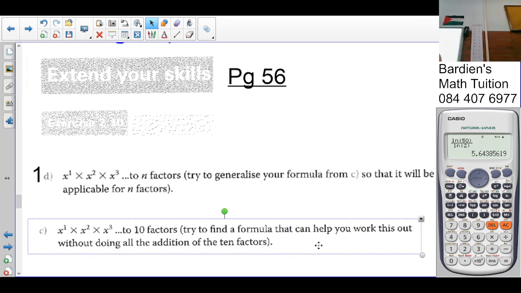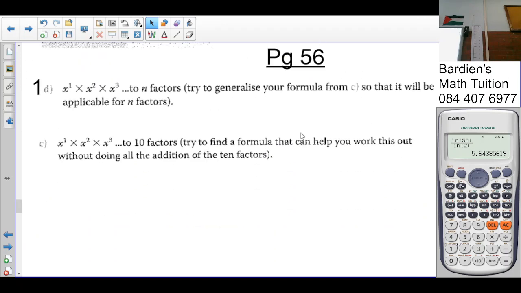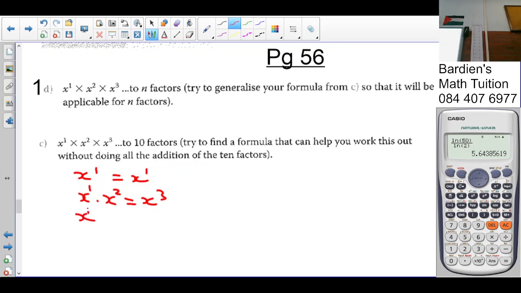Alright, so let's see. Where do we go with this? We set up a little investigation for ourselves. Okay? You got x1 is x1. x1 and 2 is x3. x1, 2, 3 is x6. x1, x2, x3, x4 is going to be x10.